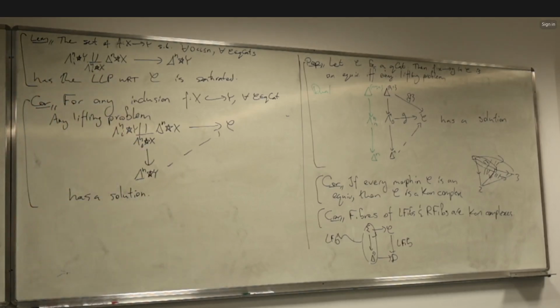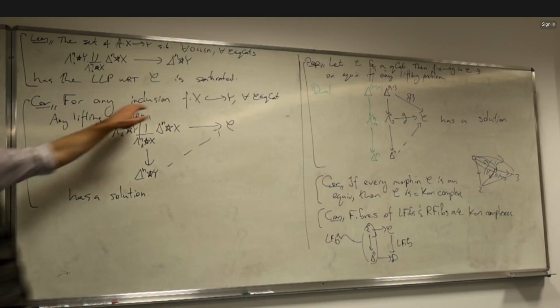How do we know that? Well, we know that that's true when f is one of these boundary inclusions, and we know that the set of things for which that's true is saturated, and we know that the smallest saturated set containing the boundary inclusions is the injections.